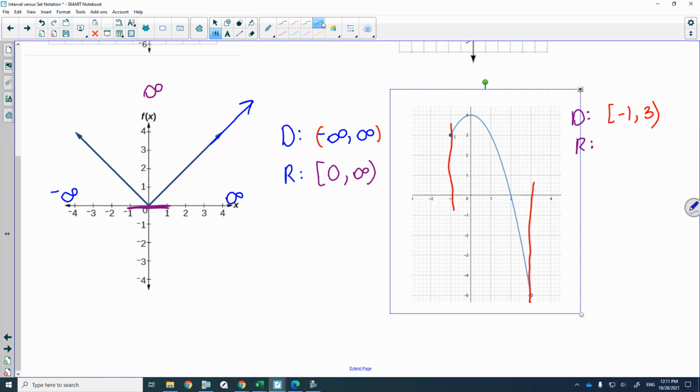What's the biggest and smallest y values is what that's asking. Angel, you want to try that one? Perfect. So the range is from -5 up to 4.